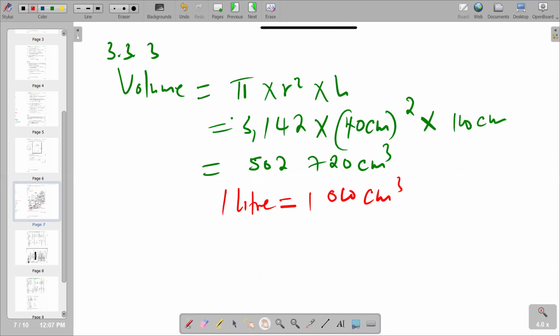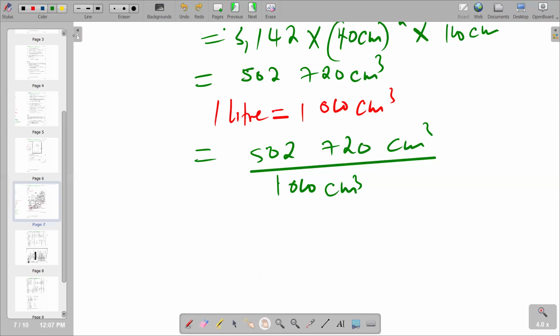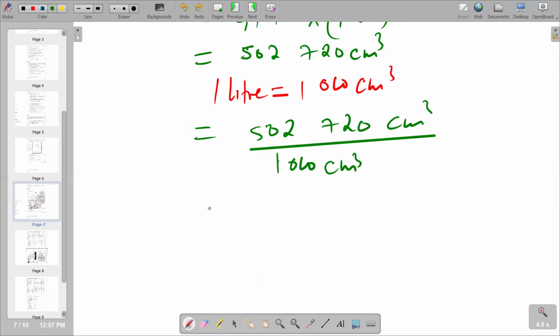As simple as that. So we say, and we divide by 1,000 cubic centimeters. What are we supposed to get?